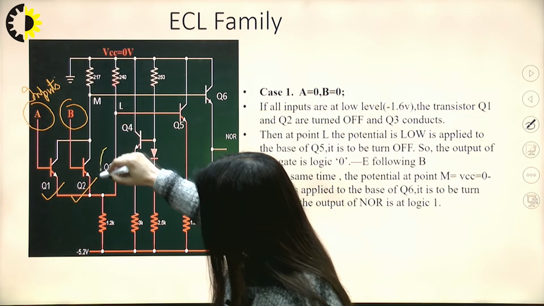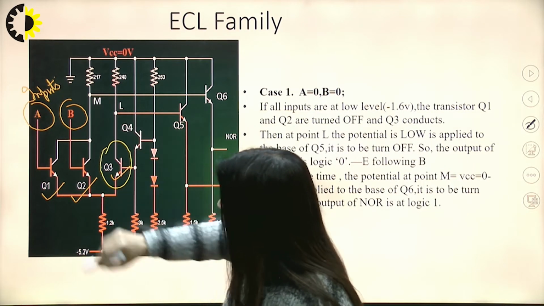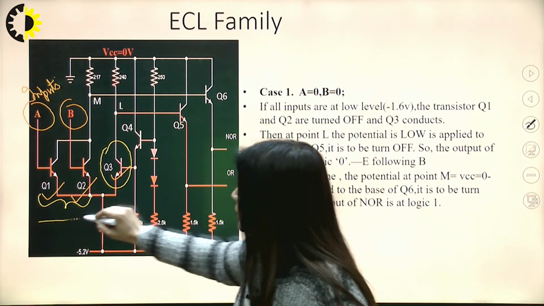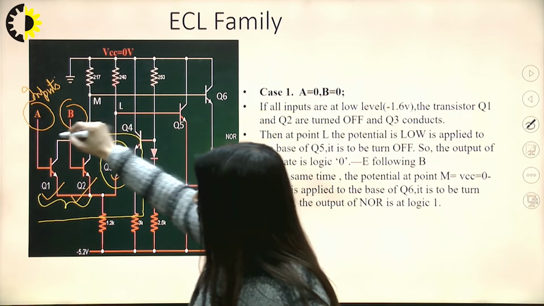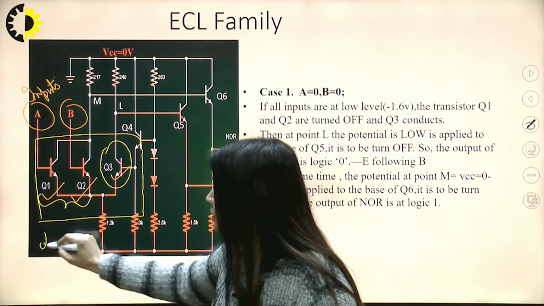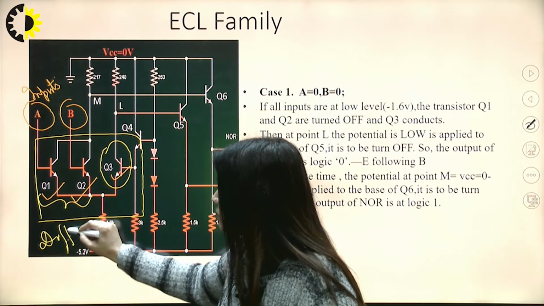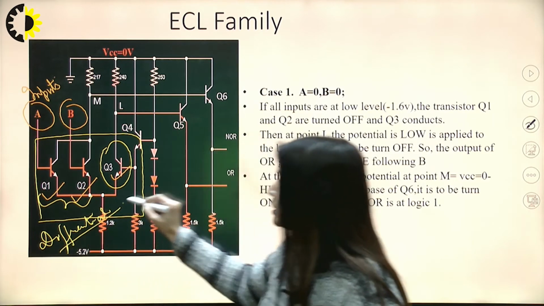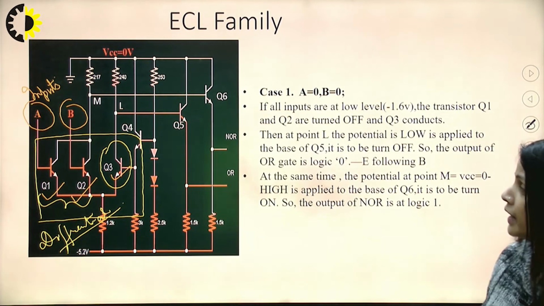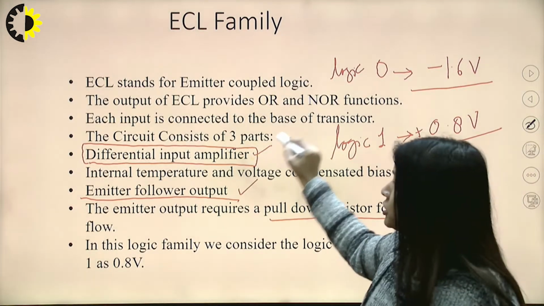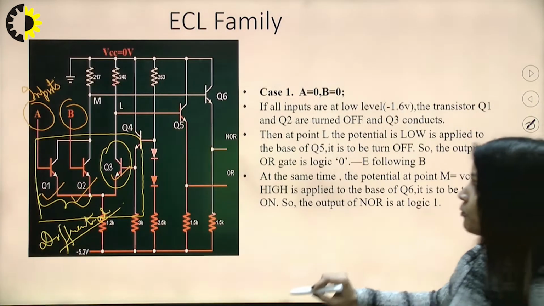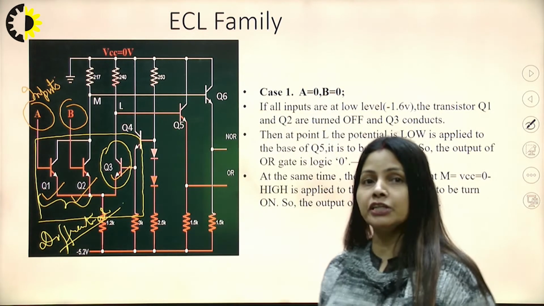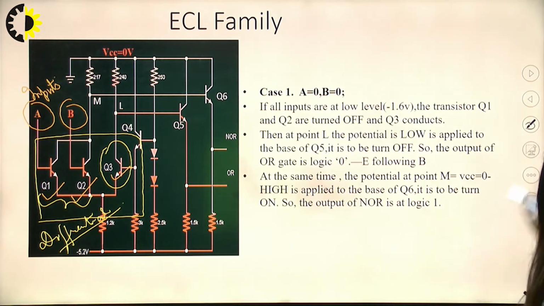Q1, Q2 and Q3 make a differential kind of arrangement. As I told you, it is a differential input amplifier. So we can see here Q1, Q2 and Q3 are in the differential input arrangement.